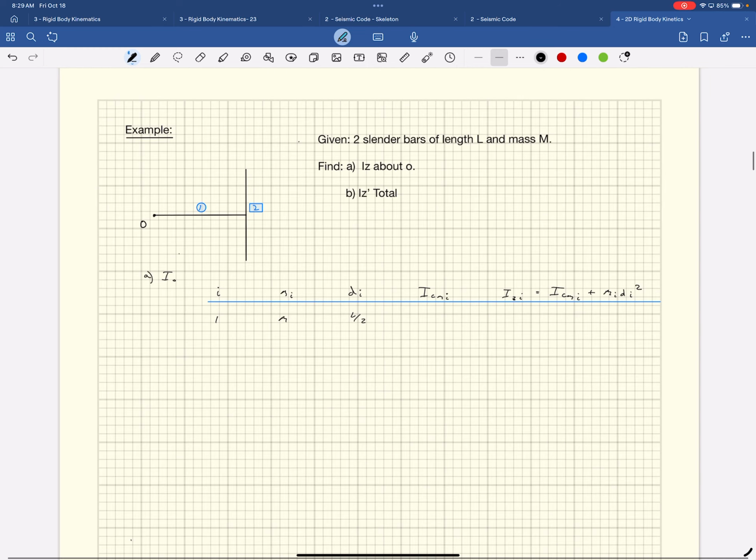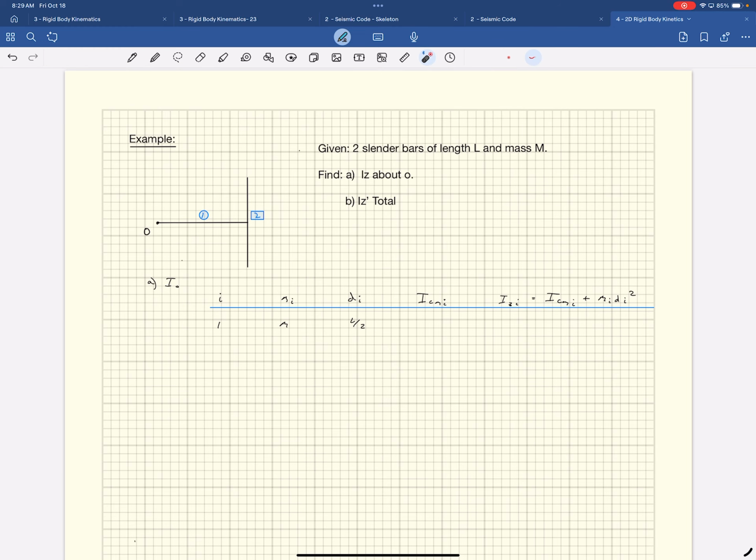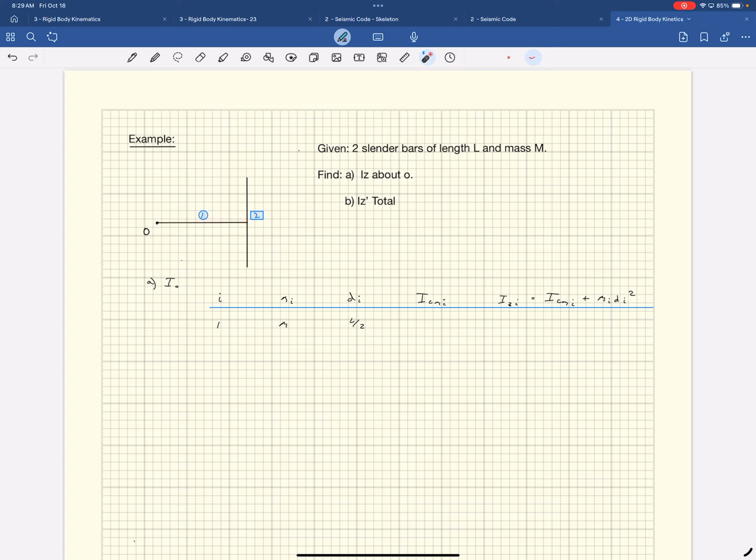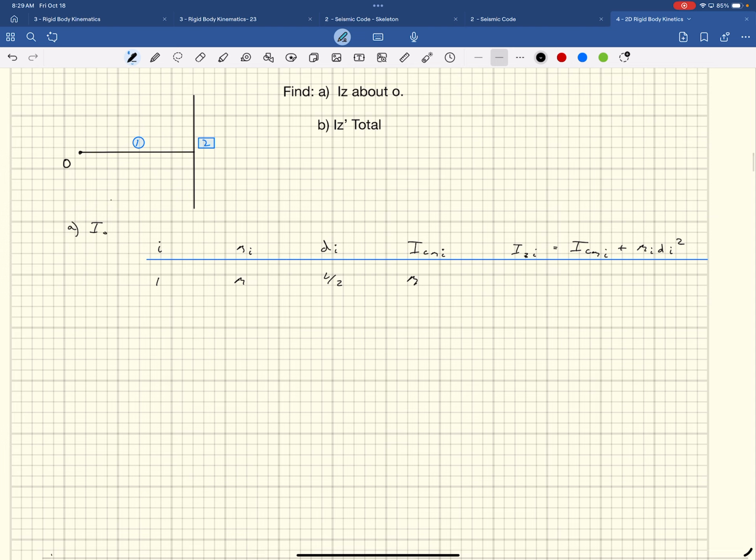This is a slender rod, and the moment of inertia about the center of mass of a slender rod is ml squared over 12. So this would just be ml squared all over 12. And then the last one is where I actually apply the parallel axes, which would be ml squared all over 12 plus m times L over 2 squared.